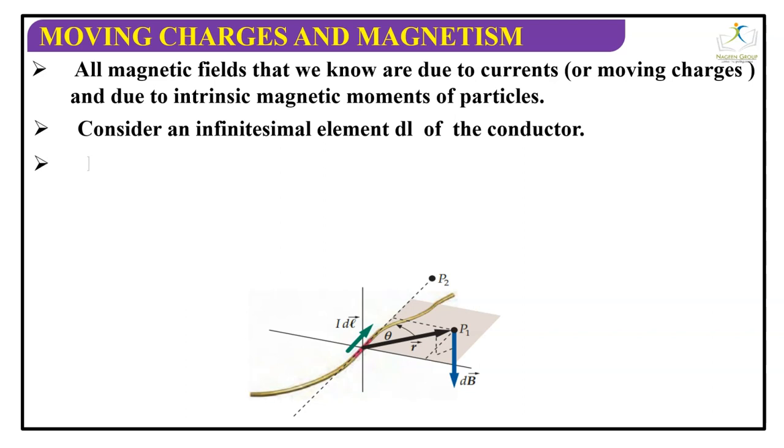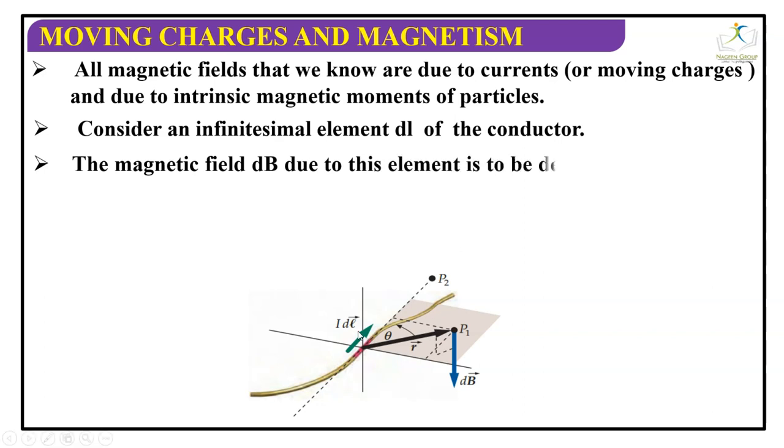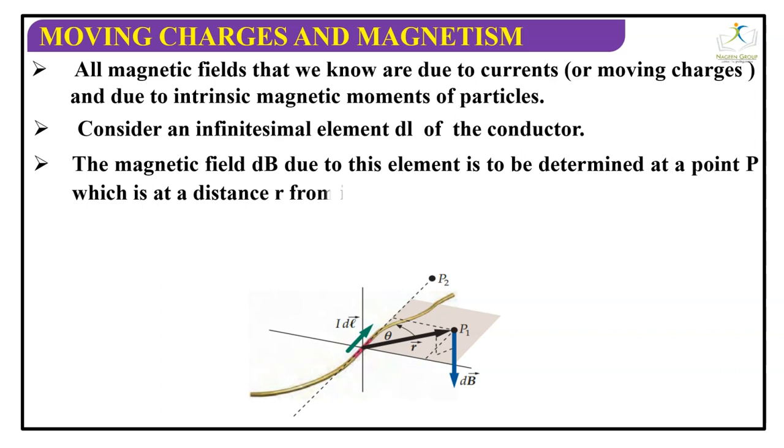So consider an infinitesimal element dl of the conductor, and the magnetic field dB due to this element is to be determined at point P, which is located at a distance r from it.